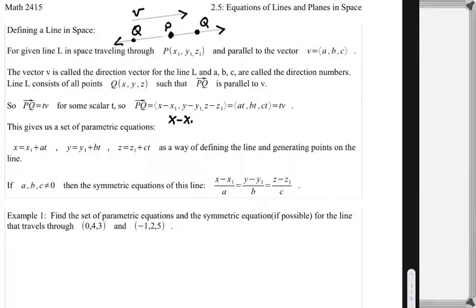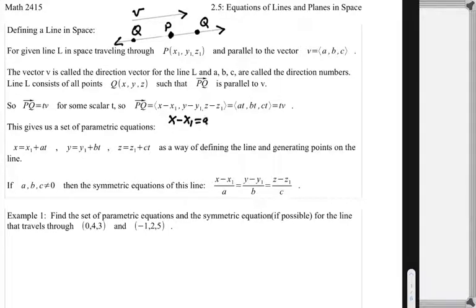Now PQ is equal to, so we put it in the component form, that's going to be <x minus x1, y minus y1, z minus z1>. And since it's parallel to vector v, then that's going to be equal to <at, bt, ct>. And so then the like components are equal.